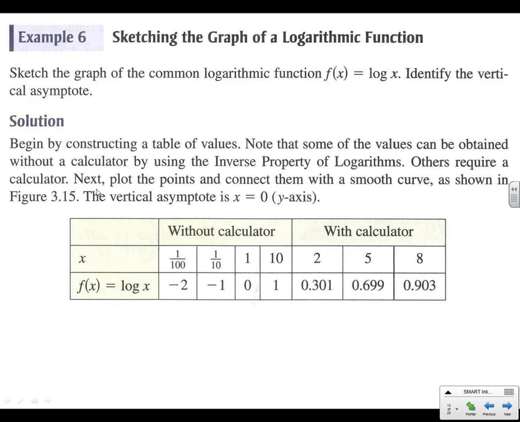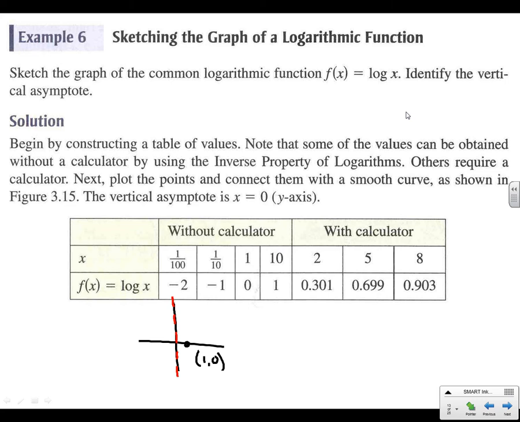All right, so let's sketch the graph of this, identify the vertical asymptote. So the vertical asymptote of log base 10 of x is going to be the line x equals 0. We are not going to cross this line. We are going to have a point at 1, 0. Okay?